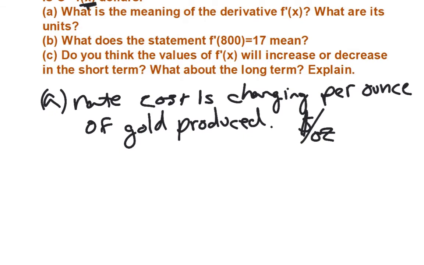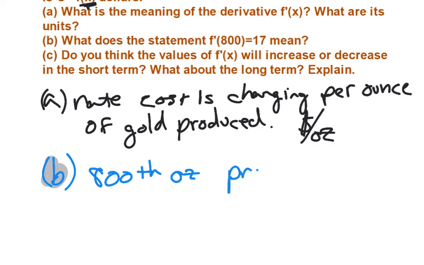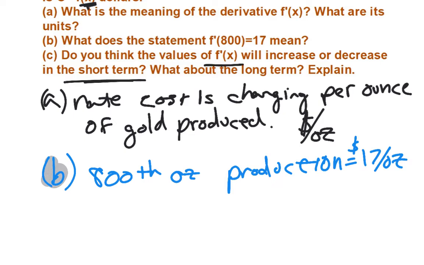B, what does the statement f prime of 800 equals 17 mean? So what that's going to mean is that when the 800th ounce of gold is mined or produced, the production is $17 per ounce. And C, do you think the value of the derivative of f of x will increase or decrease in the short term?